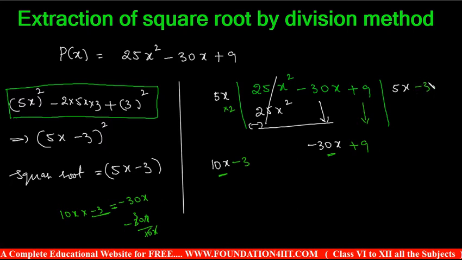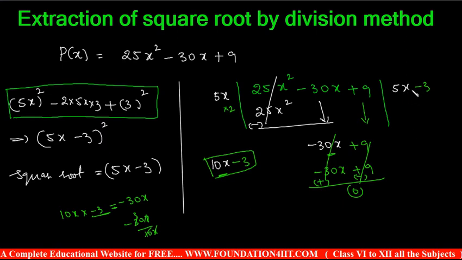Now with this minus 3 you should multiply the entire divisor. Minus 3 into 10x is minus 30x. Again minus into minus is plus, 3 threes are 9. If you change the sign and subtract, you get 0. Once you get 0, the quotient 5x minus 3 is our square root.